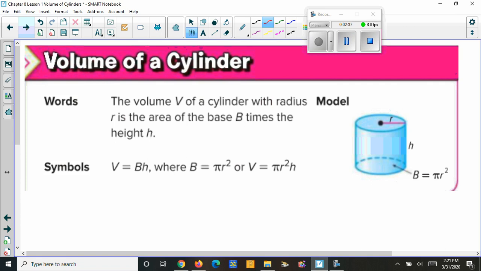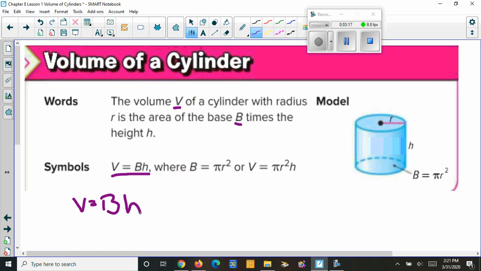To get started, let's talk about how we can calculate that volume. So, volume, we will use the capital letter V. The volume of a cylinder with the radius R is the area of the base, which we're calling capital B, times the height H. So we have the equation V equals the base area times the height.